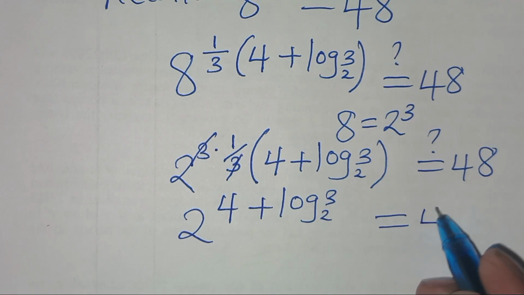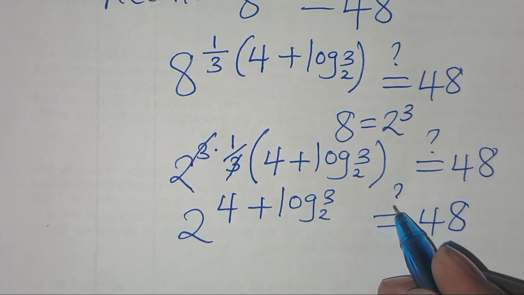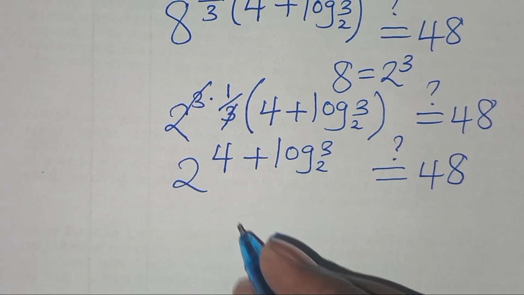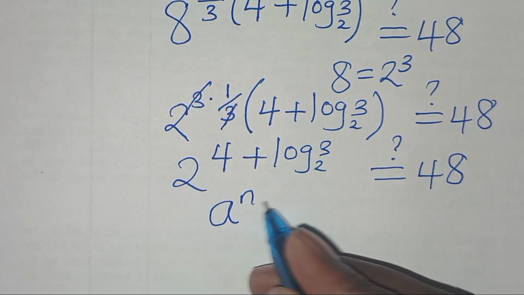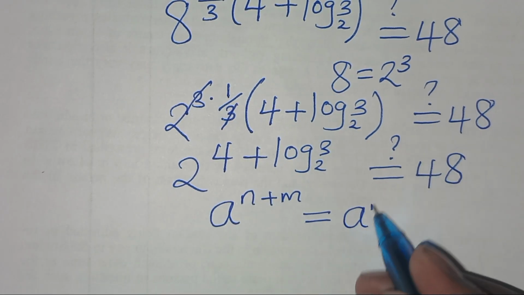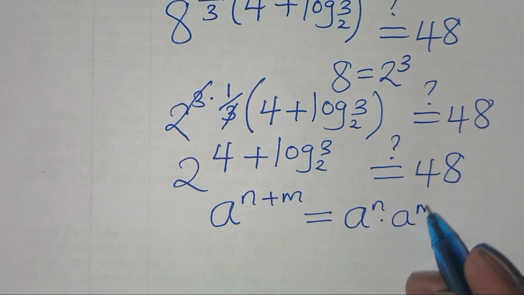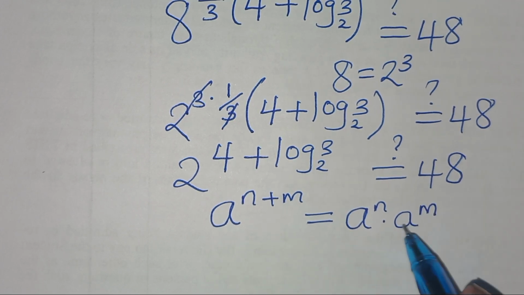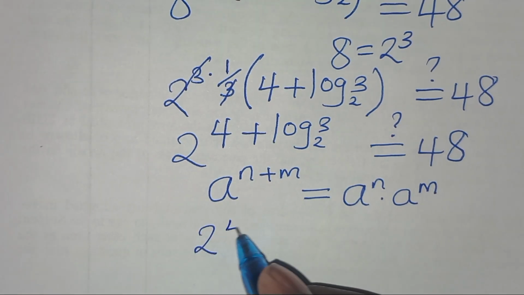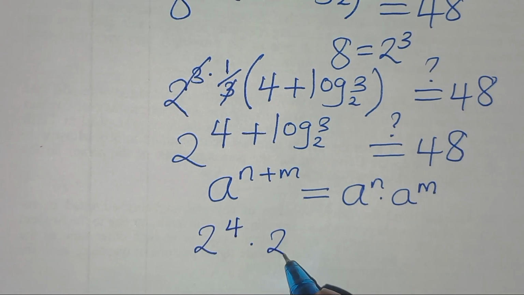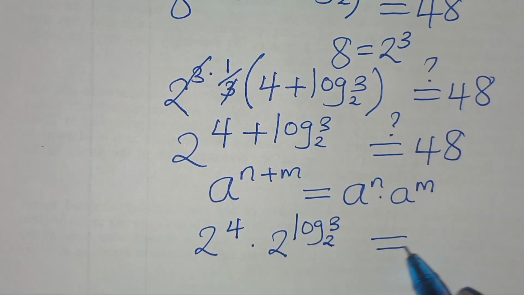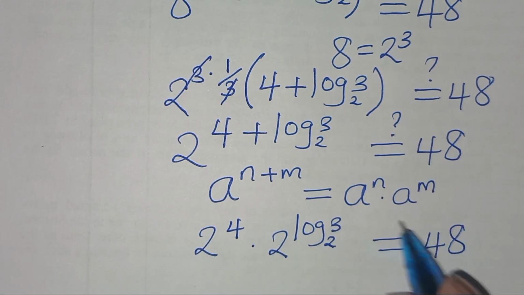This is supposed to give us a value of 48. 2 to the power 4 plus log 3 to base 2 is in the form of a to the power n plus m, and this is equal to a to the power n times a to the power m. Applying this exponent property, we have 2 to the power 4 times 2 to the power log 3 to base 2, and this is supposed to give us a value of 48.